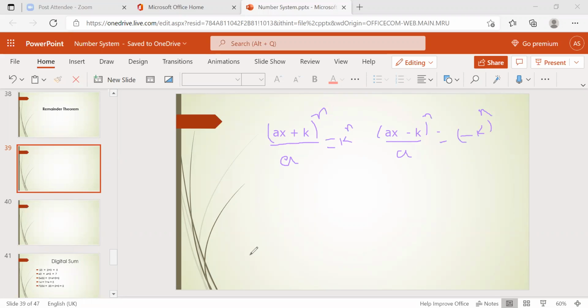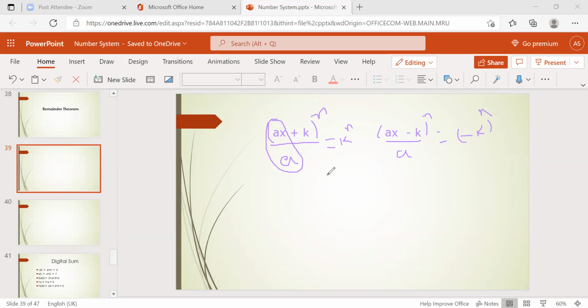So (ax plus k) whole power n, the ax part will divide exactly, a multiple of a, so it is exactly divisible by a. So in the form of (ax plus k) whole power n, the remainder will be k power n. And in the same way (ax minus k) whole power n, ax is completely divisible by a. So the remainder is minus k power n.